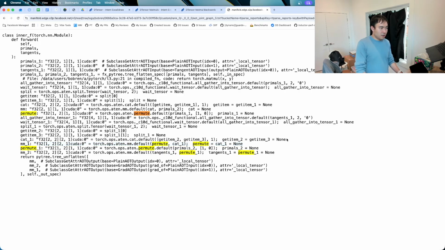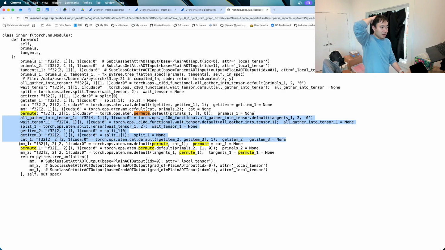What is cat1? Cat1 is tangents 1, which is our tangent gradient, all gathered into a matrix of size 2 by 2.